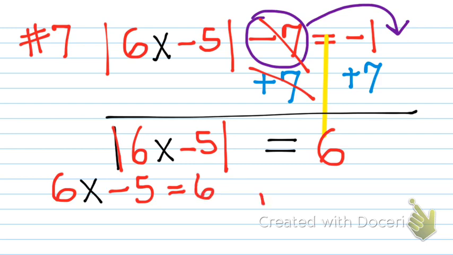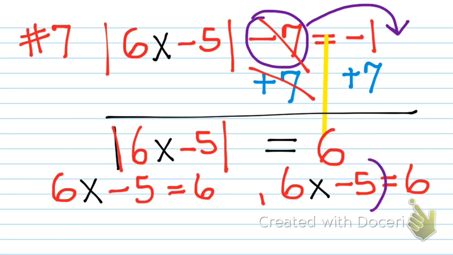Then we write 6x minus 5 equals 6 another time. And we stick a negative on the left side of one of the equation. Be sure to use parentheses when there's more than one number on the left side.